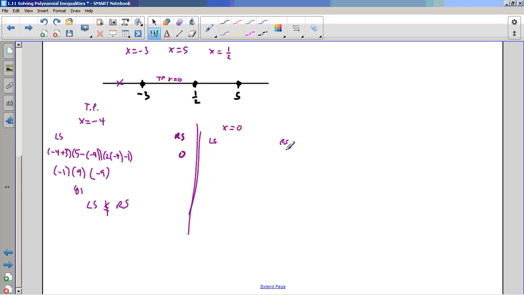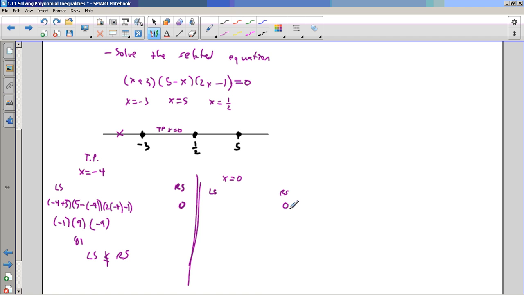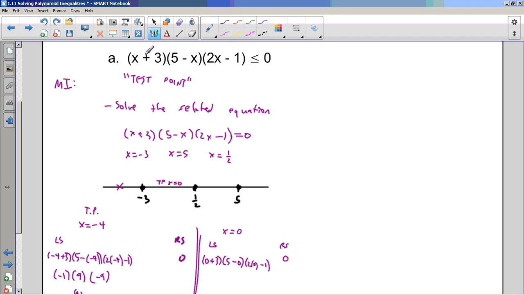Right side 0. One thing I want to mention here is that when it's in factored form and the right side is equal to 0, I don't really care what the answers are, I could think of it in terms of positives and negatives, right? Because if I'm just comparing it to 0, basically I want to know if this thing's positive, it's not going to be a solution. If it's negative, it will be a solution because that is less than 0.